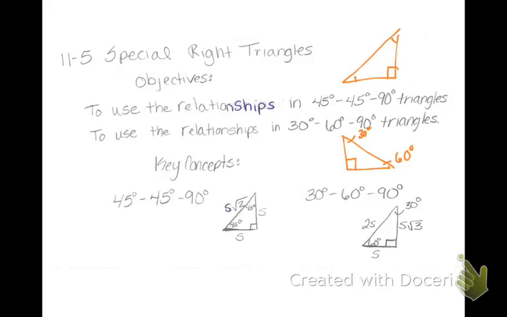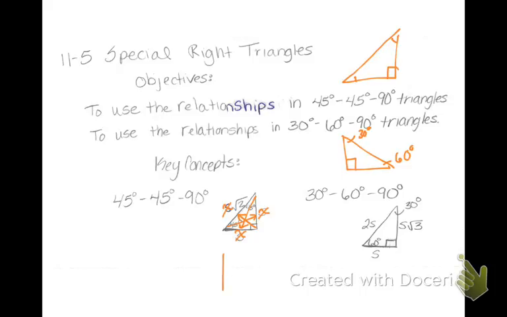So we have a formula for key concepts for both of them. For 45, 45, 90, opposite the right angle is going to be x square root of 2, and opposite 45 degrees are going to be x. Let's just use x. That's the formula.